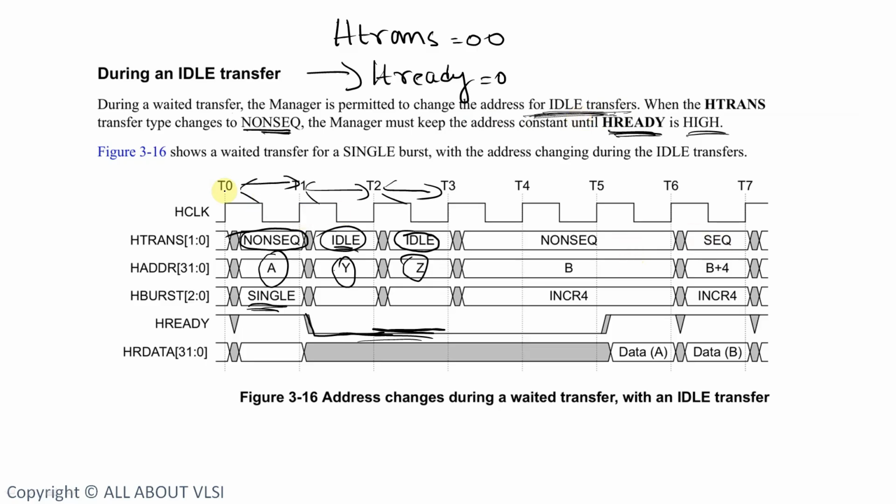Now, the transfer type changes to non-sequential. Let's say in the T2 to T3 clock cycle it is idle, and in T3 to T4 the transfer type changes to non-sequential.